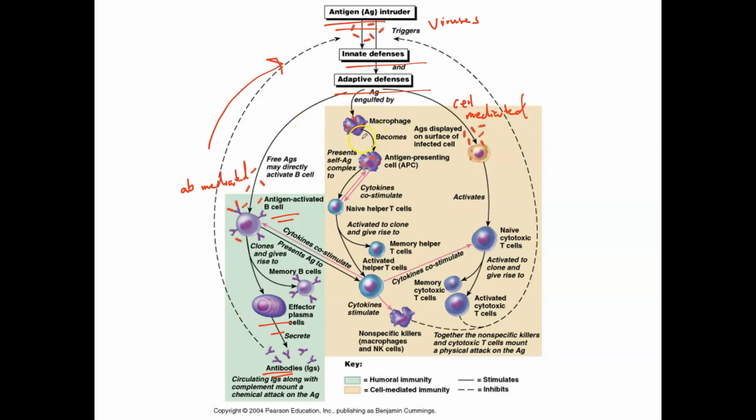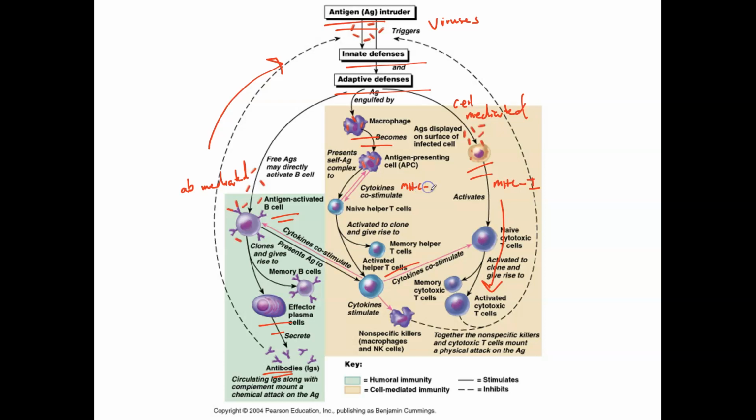Or we can look at how antigen-presenting cells activate T helper cells, or we can look at how the cytotoxic T cells are directly activated because the infected body cells are already presenting fragments on the MHC class 1.